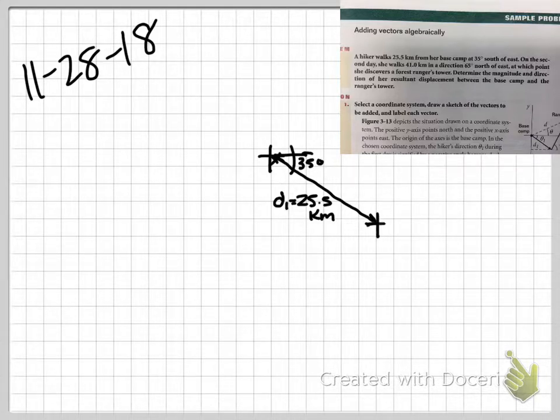I'm going to draw another little compass rose at the end of that vector because now she's going to walk 65 north of east. So there's 45. I want her to come back like this. And this is 65 degrees. D2 is 41.0.